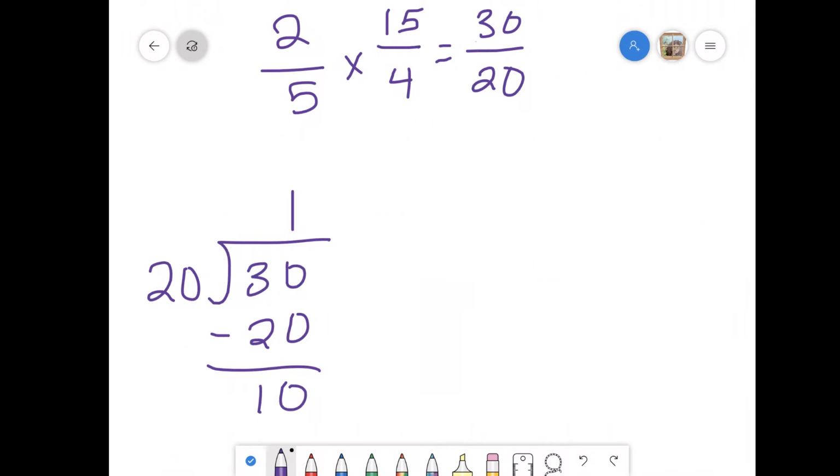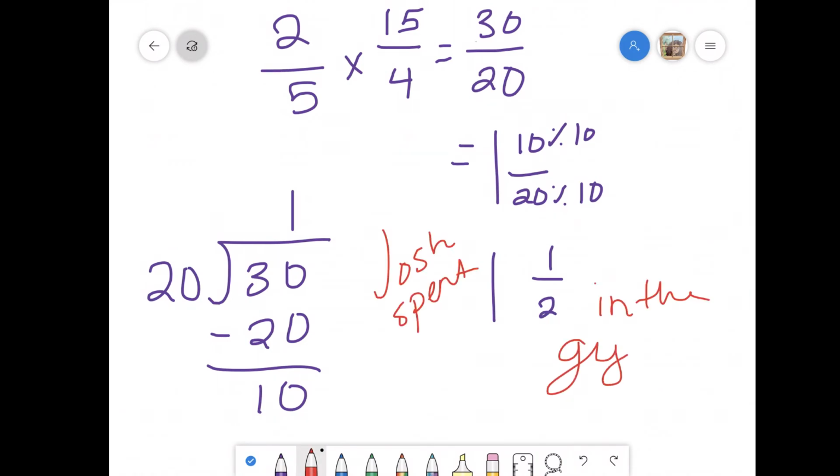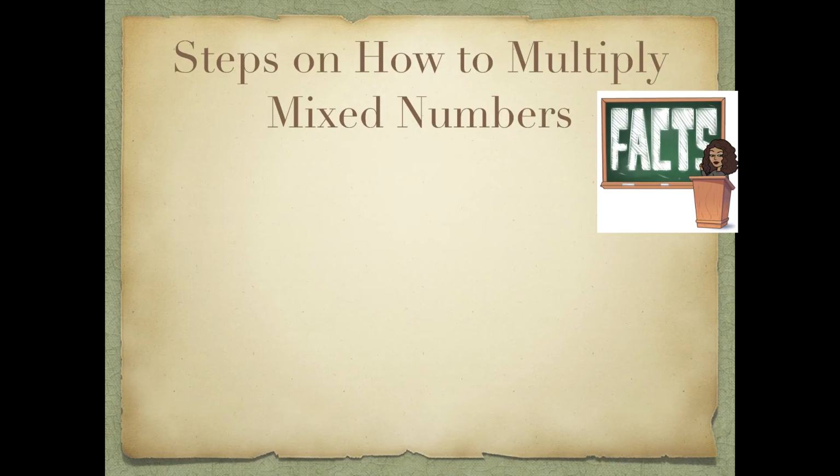So this would equal 1 10/20. I know that's not in its simplest form. I'm going to go ahead and divide it by 10. And I get 1 1/2. So Josh spent 1.5 hours in the gym.